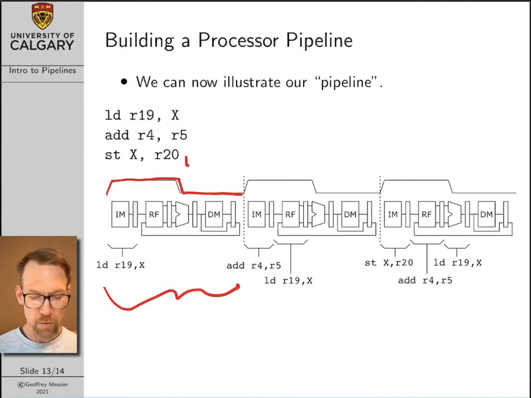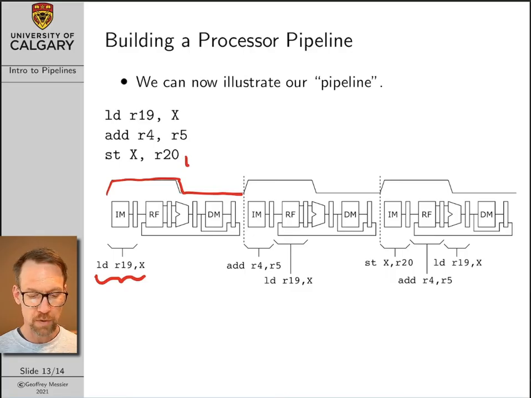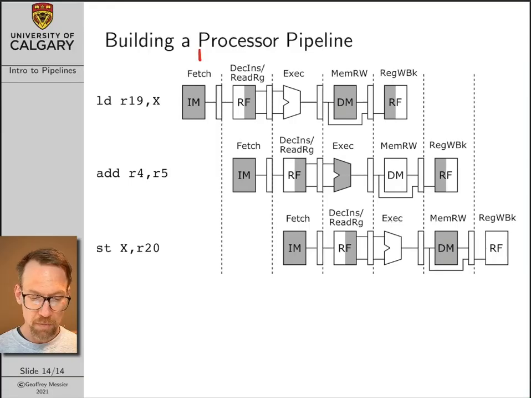Now in clock cycle 1, if we go back here, we can see that the only thing that's happening in our first clock cycle is that the instruction memory stage of our data path is fetching the instruction for the load command. If we go to our pipeline timeline diagram, we can see that next to the load command, we have the instruction memory fetch stage.